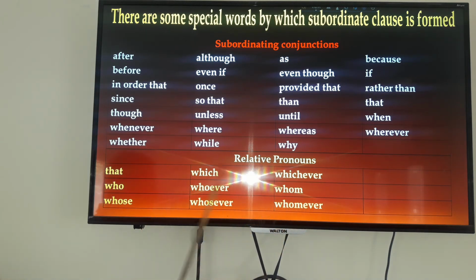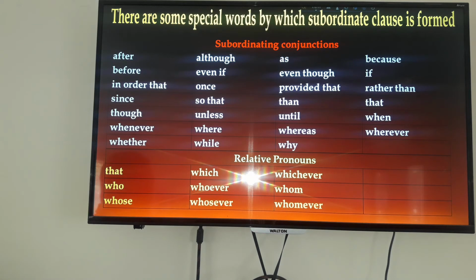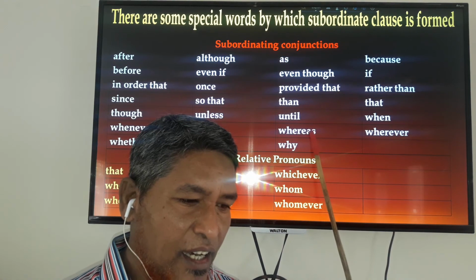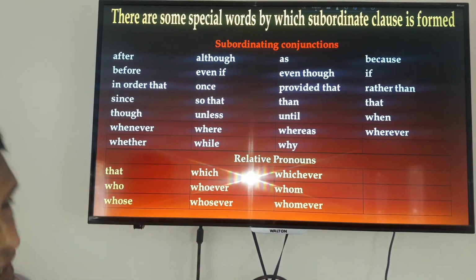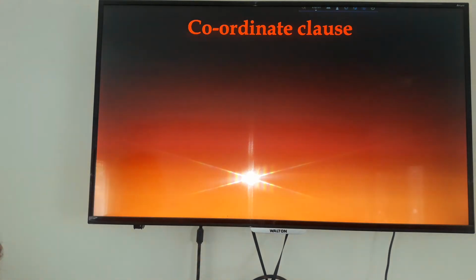The relative pronouns and all of these conjunctions are subordinating conjunctions. You will have to know the chart, especially the students of class 9, 10 and intermediate. It is mandatory to know the subordinating conjunctions. I think you will memorize the chart.